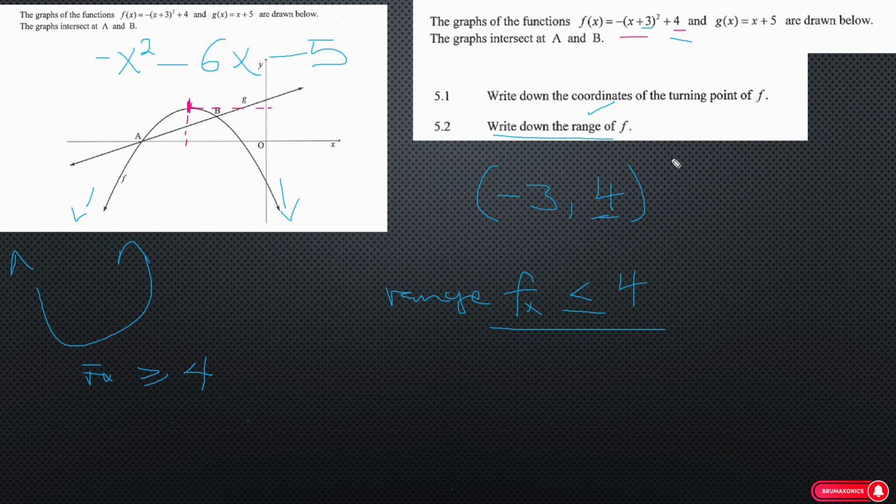You are done. So another way to present this, you can say that y or f of x is actually pointing from negative infinity up until 4. So it means that it can go down to negative million.